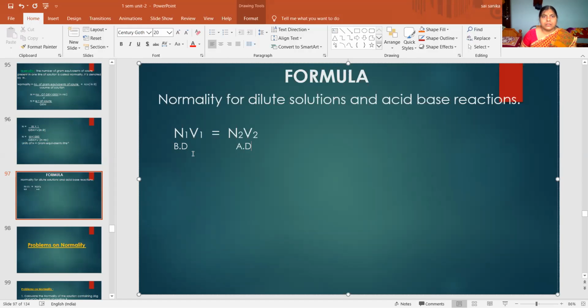Okay, so this is after dilution and before dilution. What is N1?